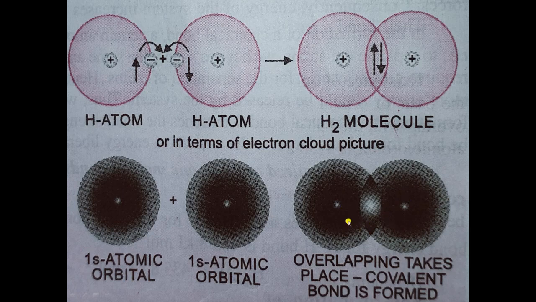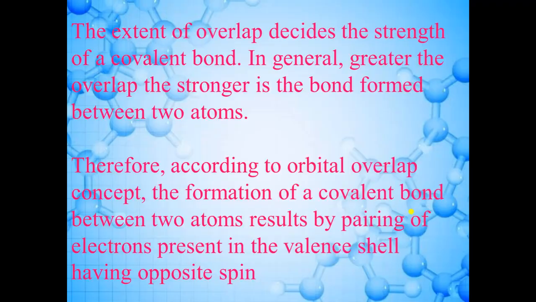So overlapping does not exceed 50%. But there is a rule: the greater the overlapping, the stronger is the bond. So according to the orbital overlap concept, the formation of a covalent bond between two atoms results from pairing of electrons present in the valence shell having opposite spin.